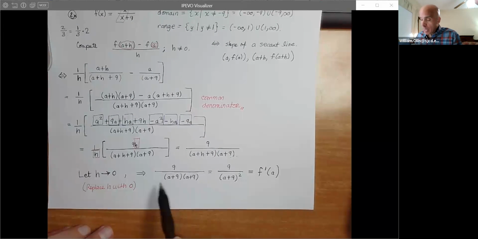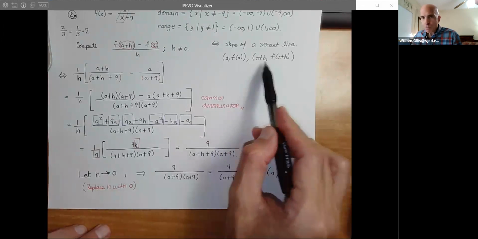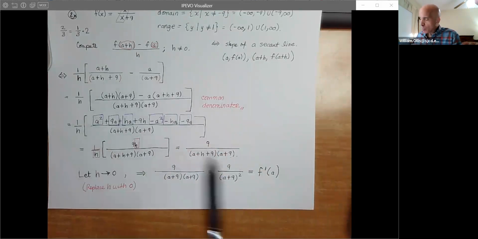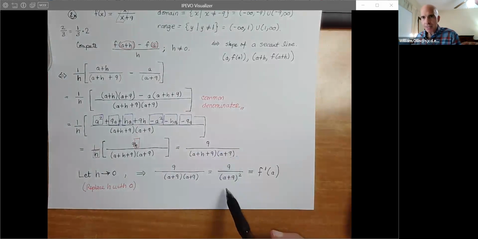At this point, if you want to think about what's going on here, where these 2 points basically converge to 1, that means that now where this makes sense, and you can see that this makes sense as long as a doesn't equal what? -9, because that's not even in the domain, you get a tangent line.